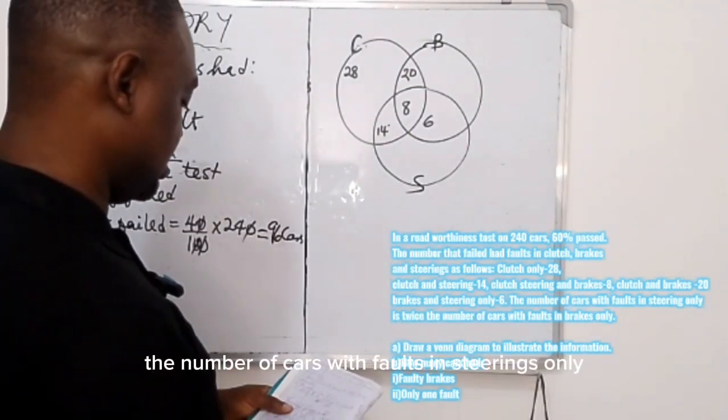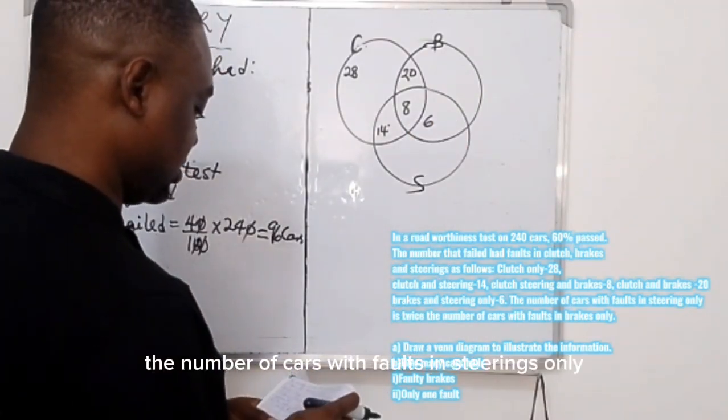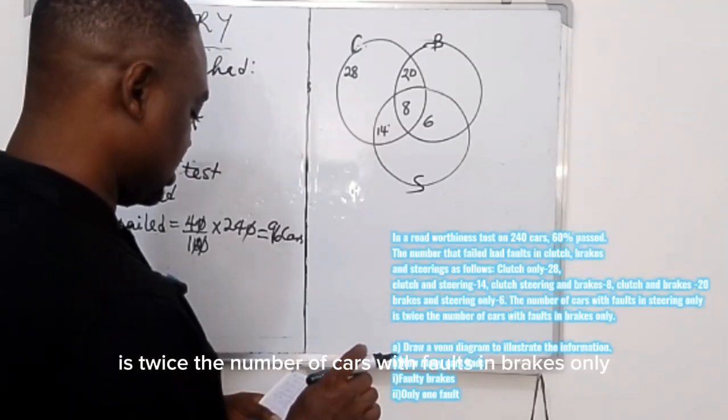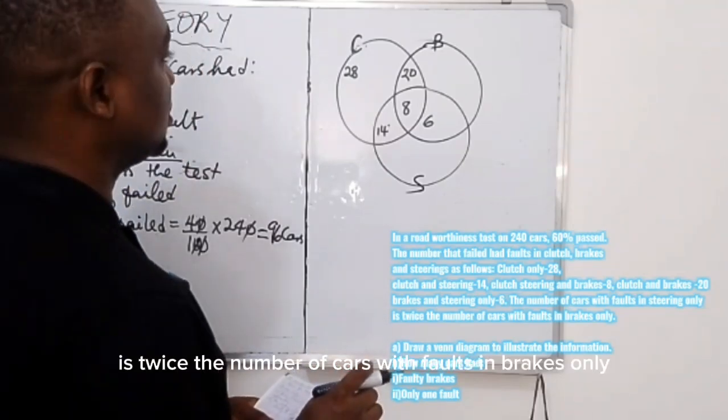Then, lastly, the number of cars with faults in steerings only is twice the number of cars with faults in brakes only.